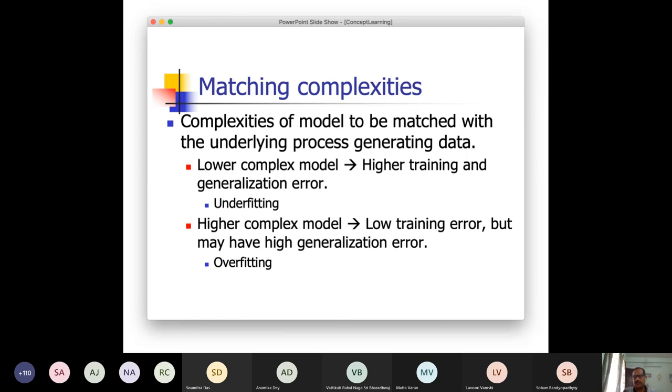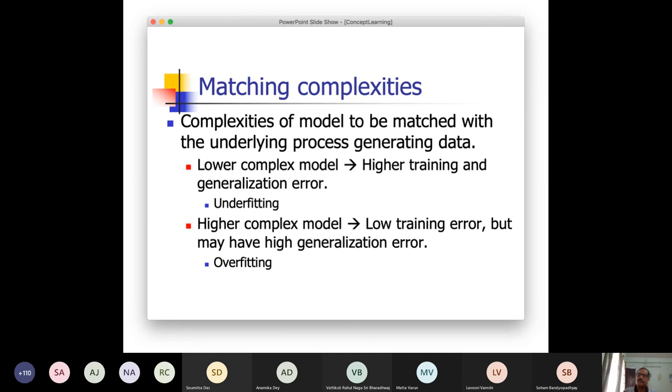Your model is overfit because you are getting very low training error, but when you apply that model to the test data set, on which the model is not built and which is meant for testing only, or the validation data set, where we'll see a subtle difference between these two, you will get higher error. So we call it overfitting.